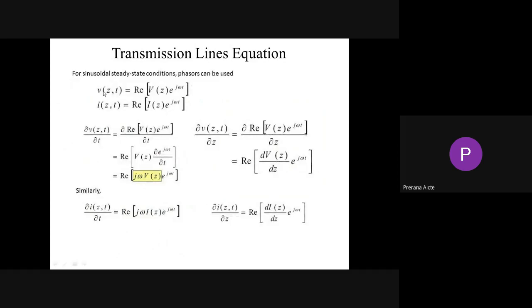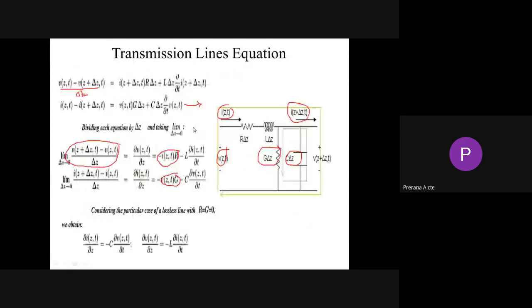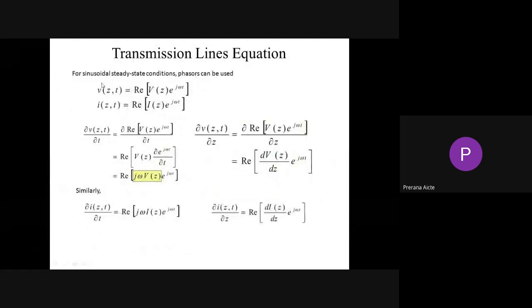Next. Therefore, V of Z of t is equal to the real part of V of Z into e power j omega t. Similarly, current is equal to the real part of I of Z into e power j omega t. Now, for sinusoidal steady state conditions, the previous case was a time varying field, but now it is a steady state.